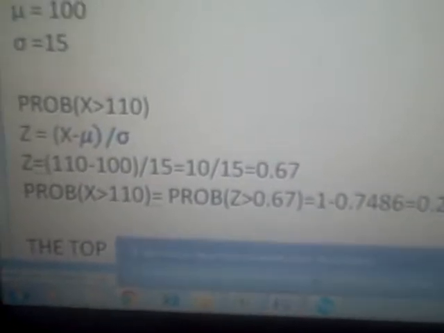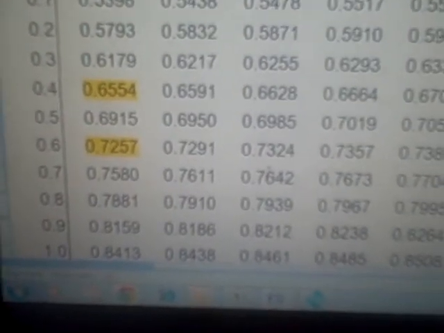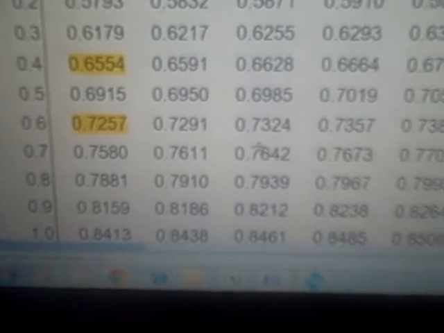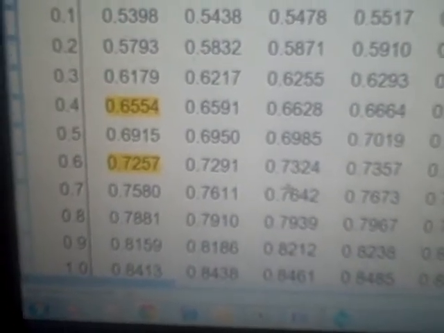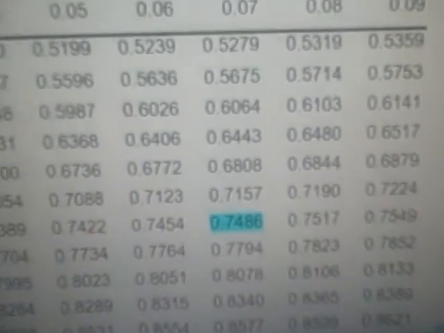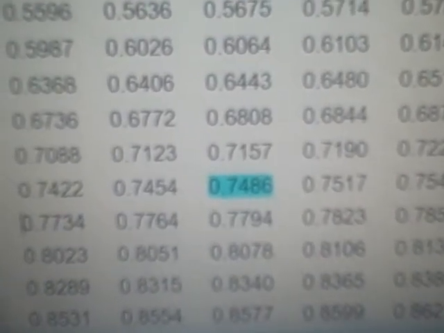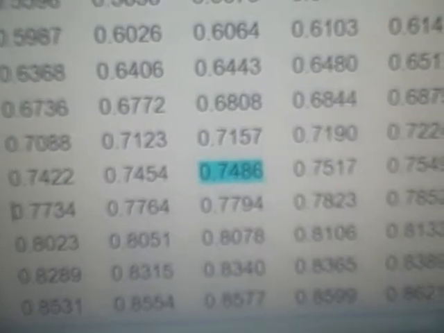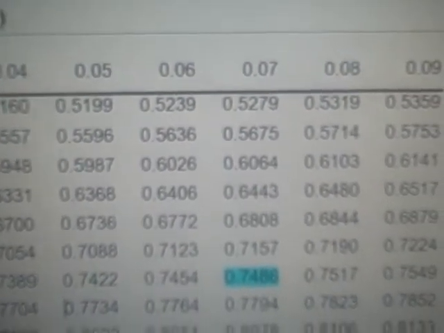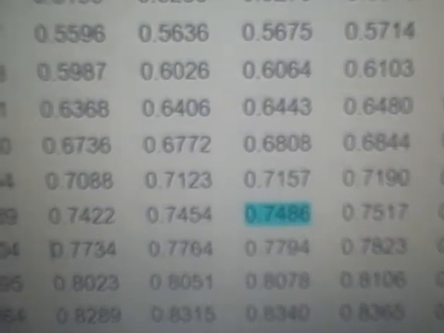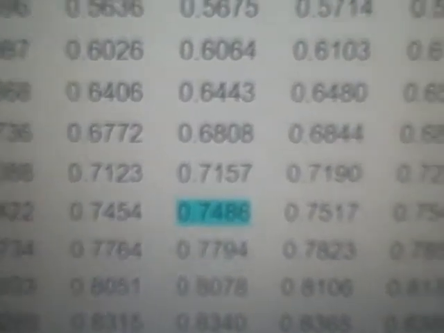Let me show you that 0.7486. Here is my normal table, and cumulative z-chart. We're looking for, here it is right there, the probability that z is less than 0.67, and that comes out to 0.7486, as you can see.